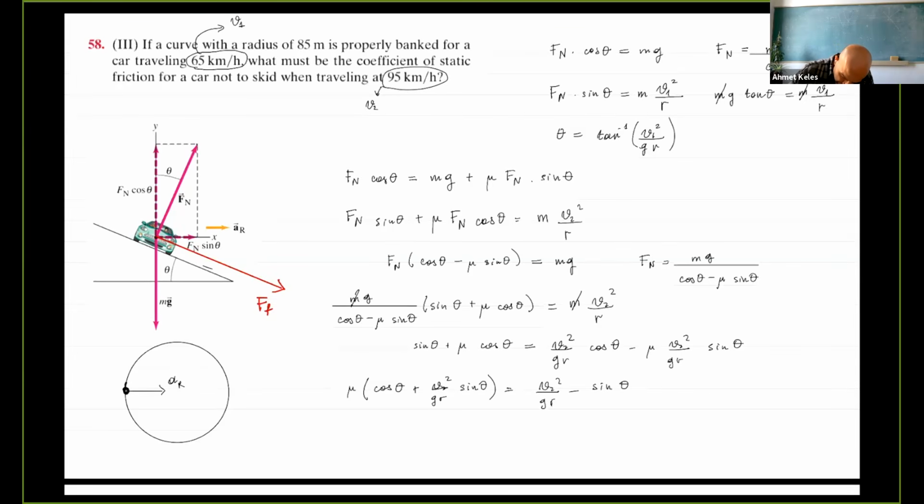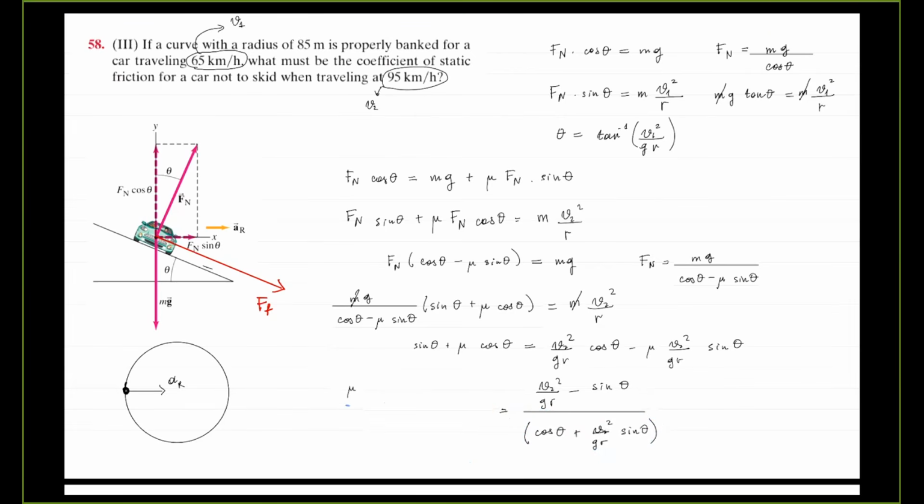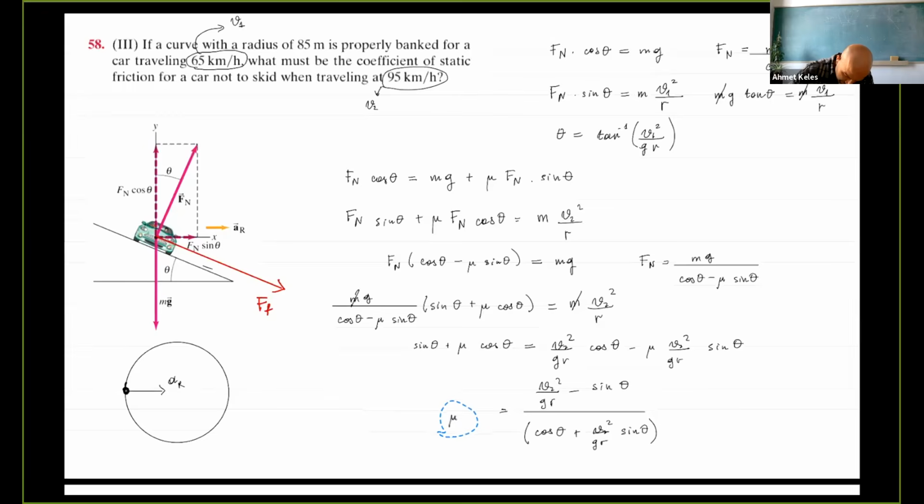And if I divide this with this guy, I have mu. Okay, and that's the end of the problem.